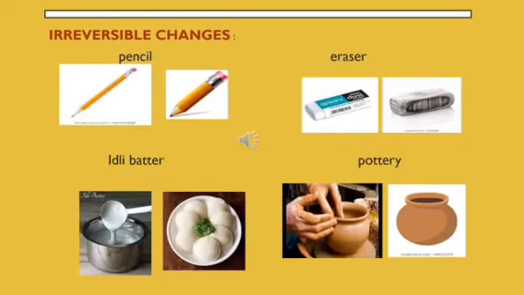Now let us learn a few more examples of irreversible changes. The first picture is that of a pencil. A new pencil, when you start to write, is quite lengthy and nice to look at, with a proper neat rubber behind it sometimes, isn't it? But as you keep using it, the pencil becomes shorter and shorter.